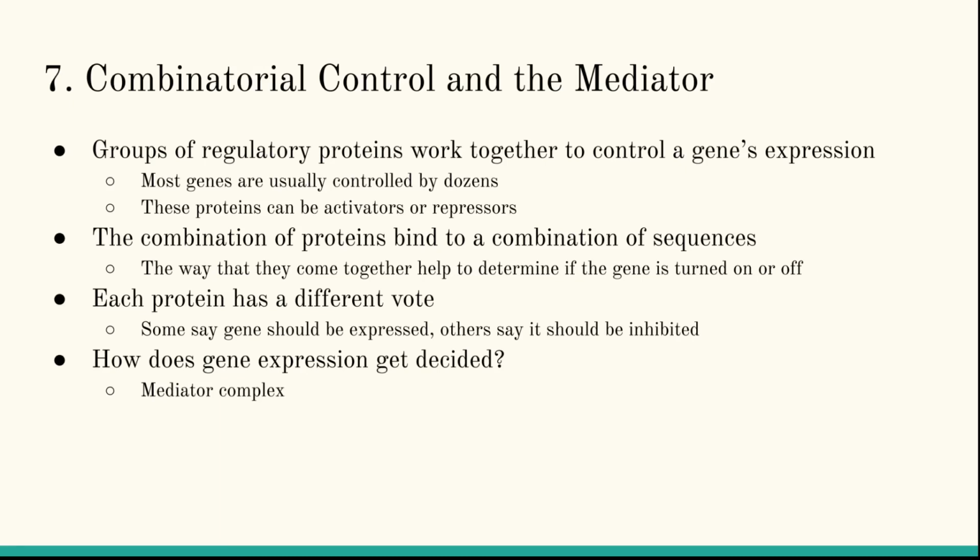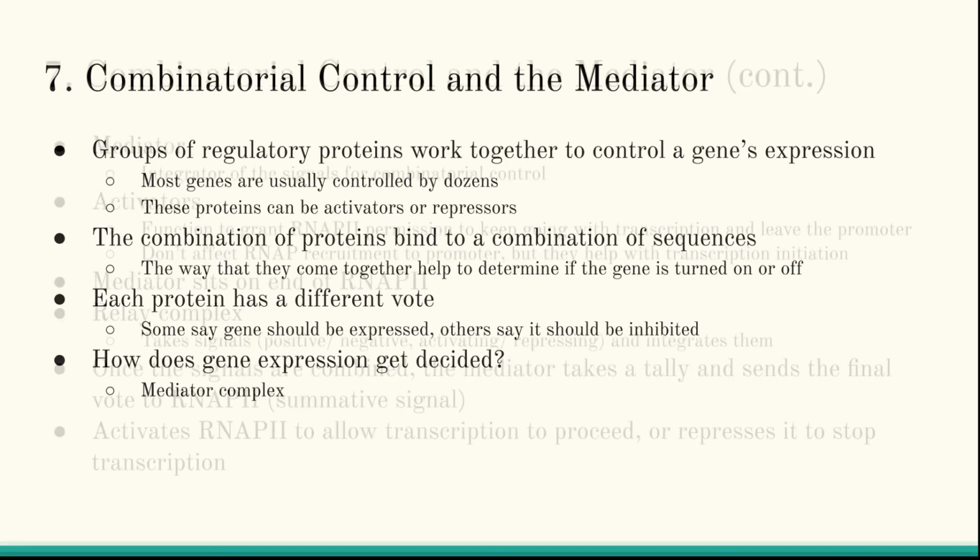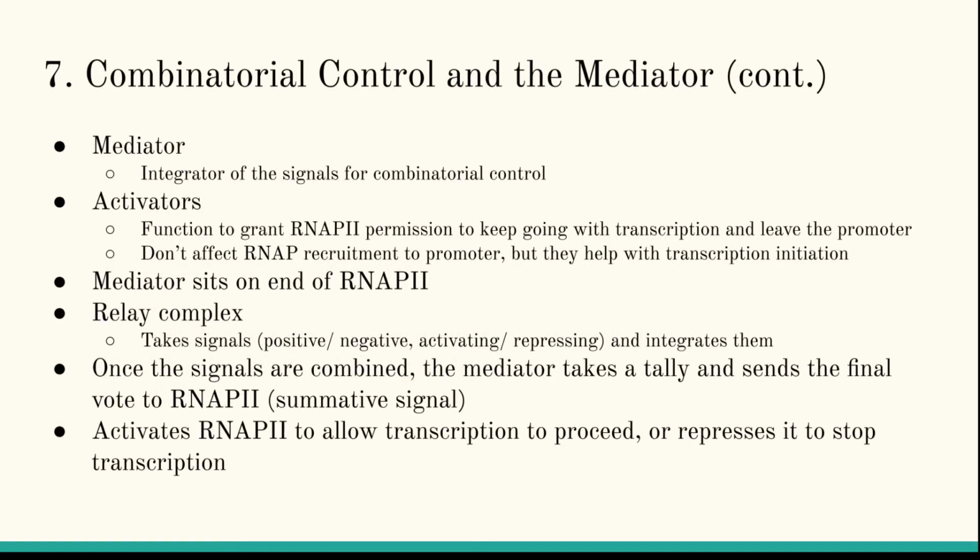But with all of these factors going in, how does gene expression get decided? That's all down to the mediator complex. The mediator is the integrator of the signals for combinatorial control. So activators function to grant RNA polymerase II permission to keep going with transcription and leave the promoter.